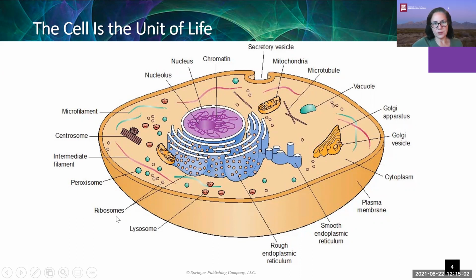There's areas where the ribosomes are stuck. That's the rough endoplasmic reticulum, or rough ER. And then areas where we don't have ribosomes, that's the smooth ER. And especially when we talk about muscle cells, we'll talk about the role that this organelle has. I think those are the most important structures we'll deal with today.